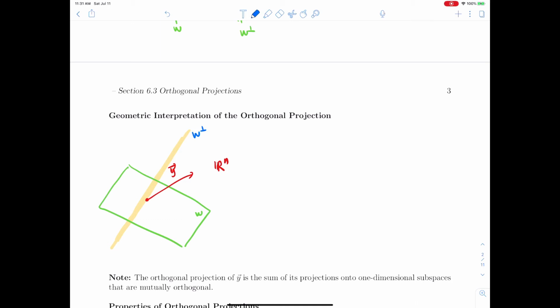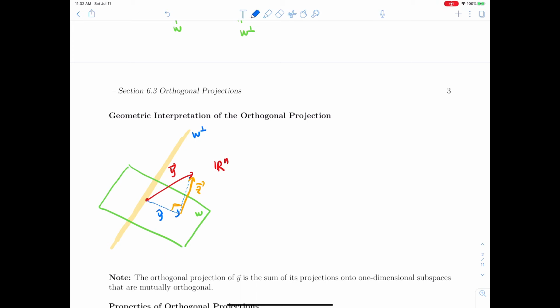Then we decompose y into two different vectors. The first one is a vector inside W, which is given by y hat. And the other one is a vector perpendicular to W and parallel to W perp, which is given by z. And y hat and z are orthogonal to each other.